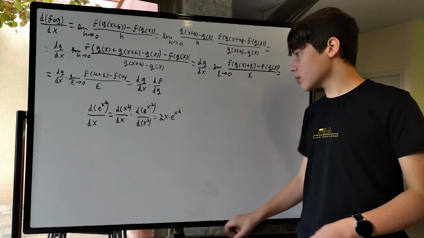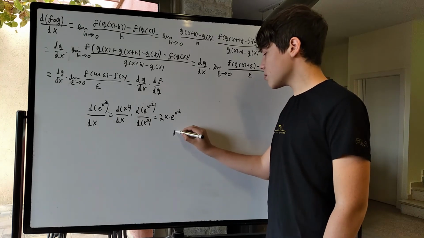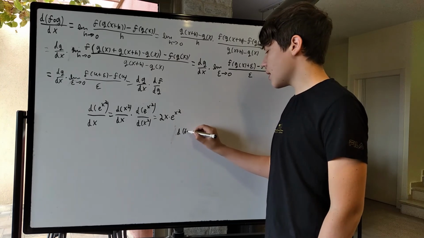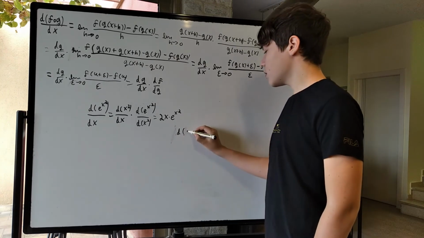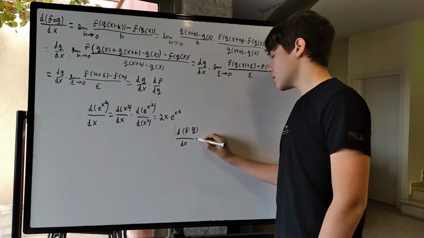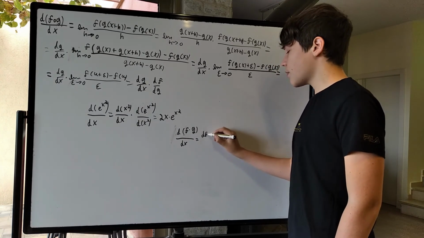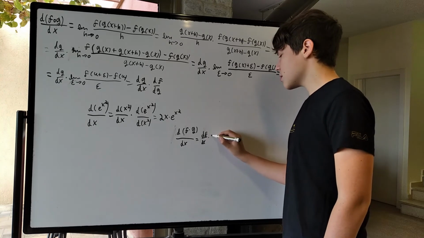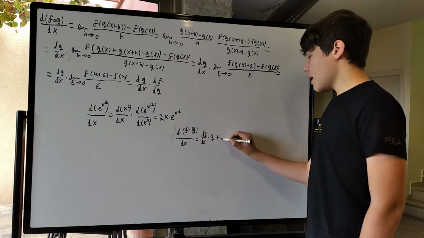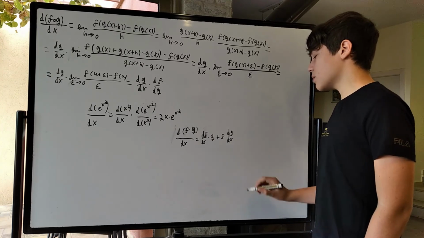Those were the two rules, so let's write them here. The derivative of f times g over dx is the derivative of f with respect to x times g, plus f times the derivative of g with respect to x.